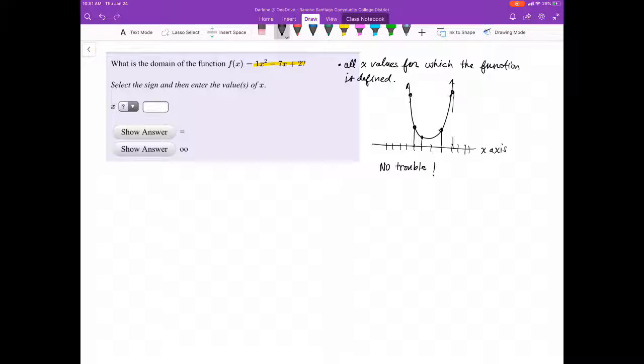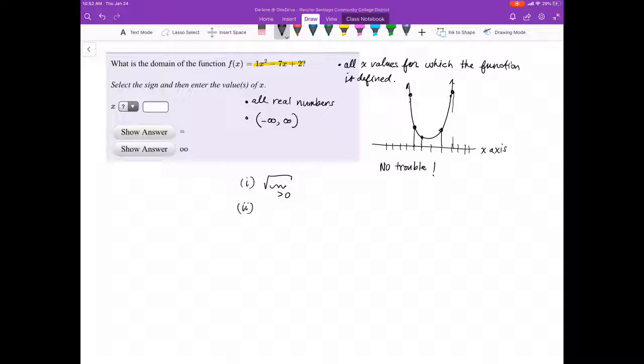So here, the domain would be, in this case, all real numbers. And in interval notation, that literally would be the whole real number line, negative infinity to infinity. There's no excluding values. Unlike the square roots, we had a square root, right, where the radicand had to be greater than 0, so we had trouble there.